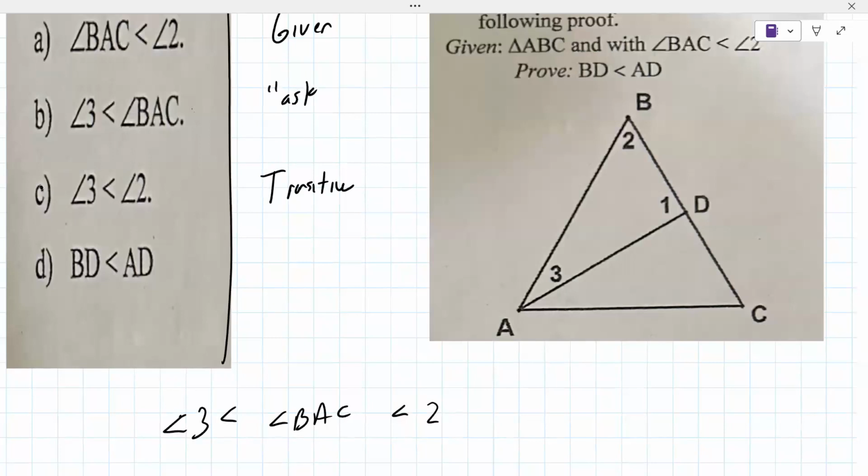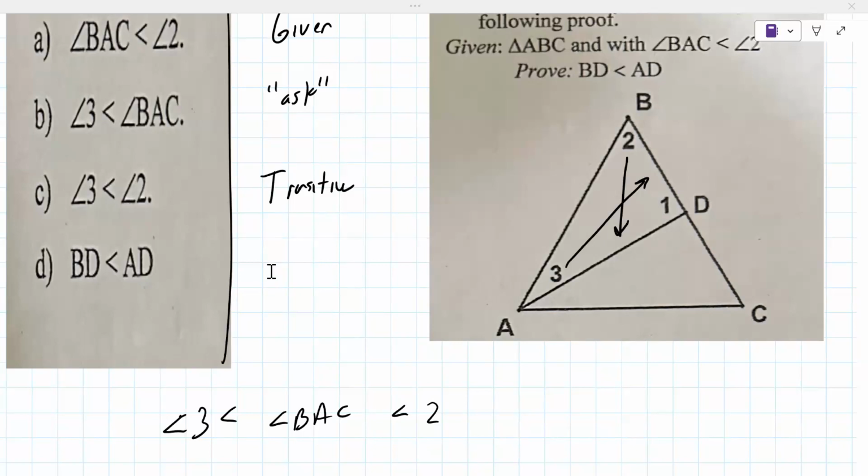So I'll just say this is an ask. It's pretty deceptive here. So then BD, which is across from angle 3, and AD, which is across from angle 2. That's the theorem we saw earlier, where if two sides of a triangle are unequal, then the opposite angles are also unequal in the same order.